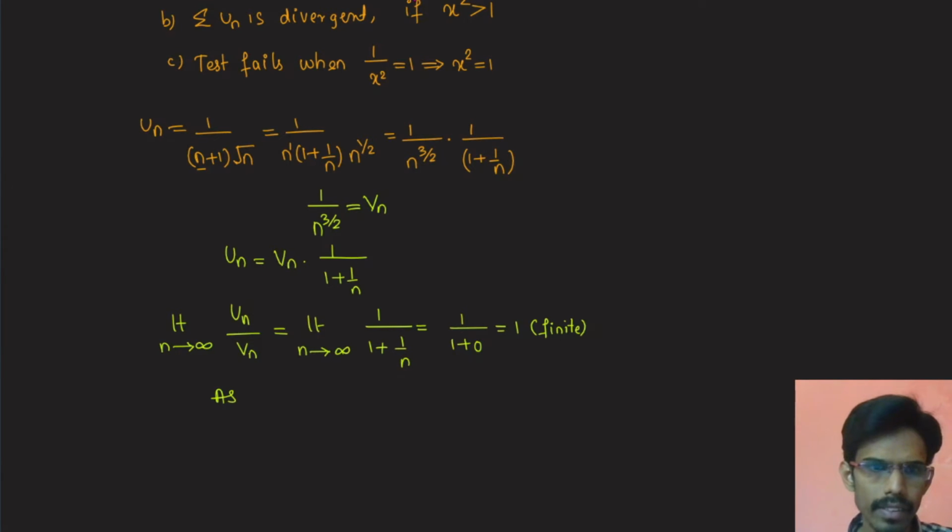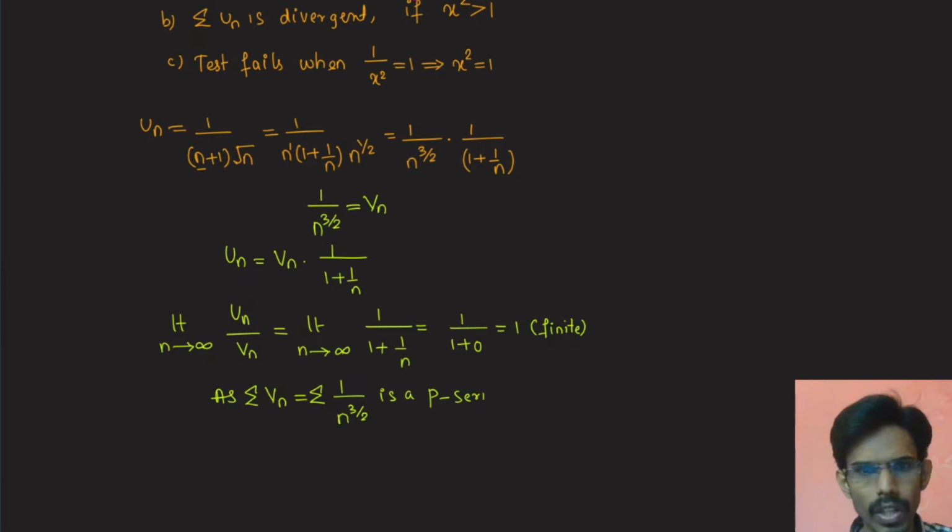Now as sigma Vn is sigma 1 by n power 3 by 2, it is a p series or auxiliary series with p value 3 by 2, that is greater than 1. 3 by 2 means 1.5, that will be greater than 1.